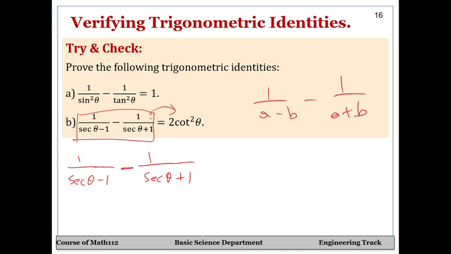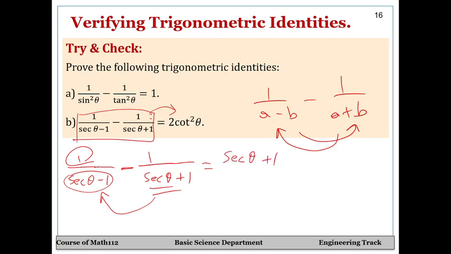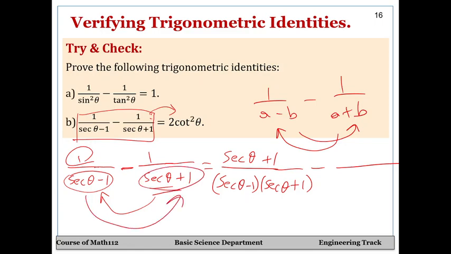I think we have seen this stuff, like you multiply both sides, right? So I will multiply both these terms with secant theta plus 1. So it will be secant theta plus 1 over secant theta minus 1 times secant theta plus 1, and minus, I will do the same here.